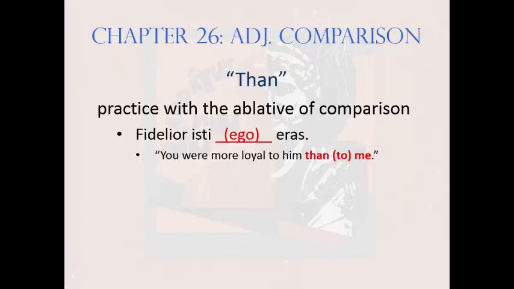But if we take the quam out, what case should the form of ego be now? It's simple. Just make it ablative. And the ablative form of ego is ego, mei, mihi, me, me. And notice it means exactly the same thing as it does if you use quam. These expressions are interchangeable in meaning.